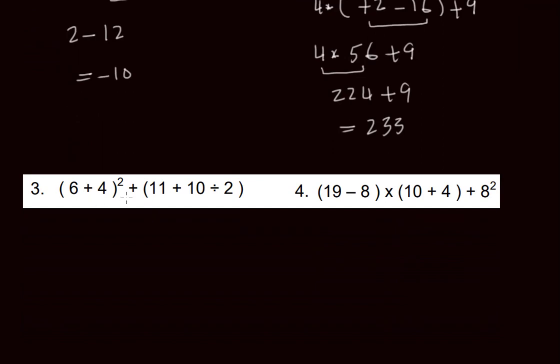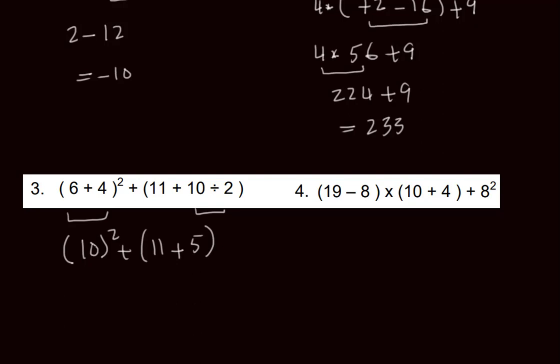Now we have to do the grouping separately, then we will add the outcomes. First we have to work within the parentheses. We have 6 plus 4 is 10, to the power 2, plus, now we have addition and division, so we have to do the division before we add. 11 plus 10 divided by 2, which is 5.